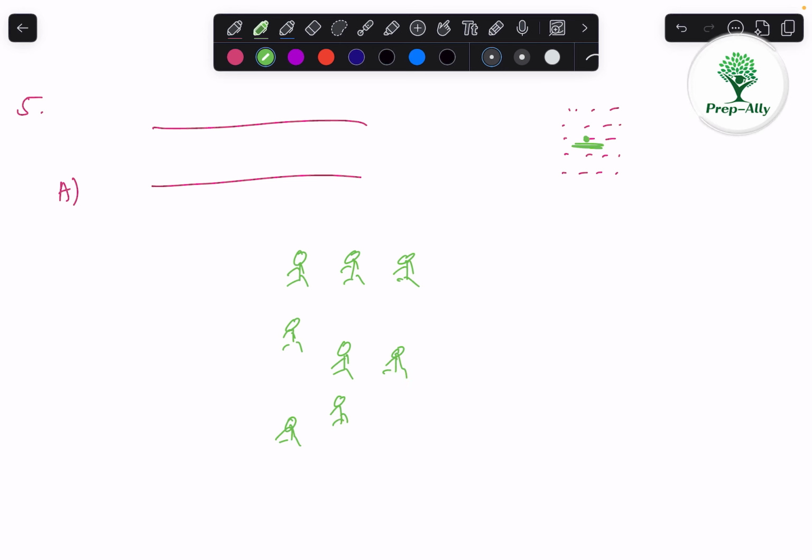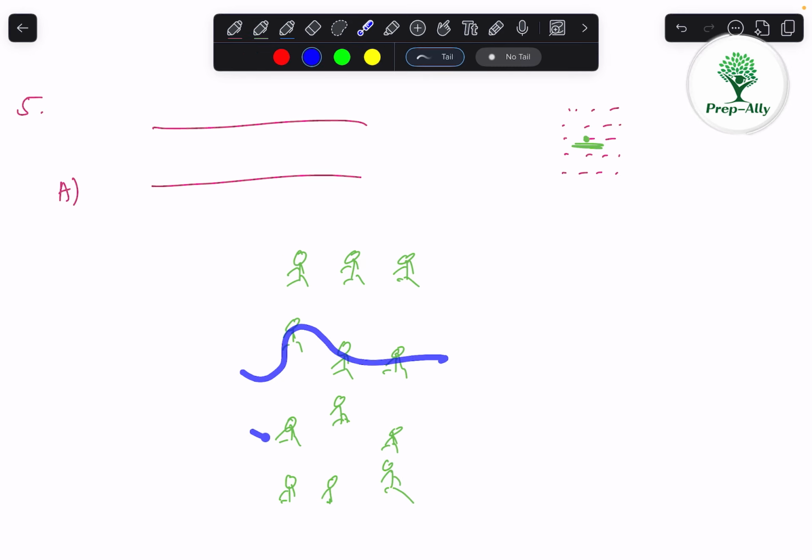Let us say this person jumps now, and finally this person jumps. As you can see, there was no disturbance first of all, then there was a disturbance here, then it was here, then it was here. So the disturbance is traveling, the persons are not traveling. Same way the wave is created when the air molecules vibrate. So sound is vibration of air inside the bamboo.